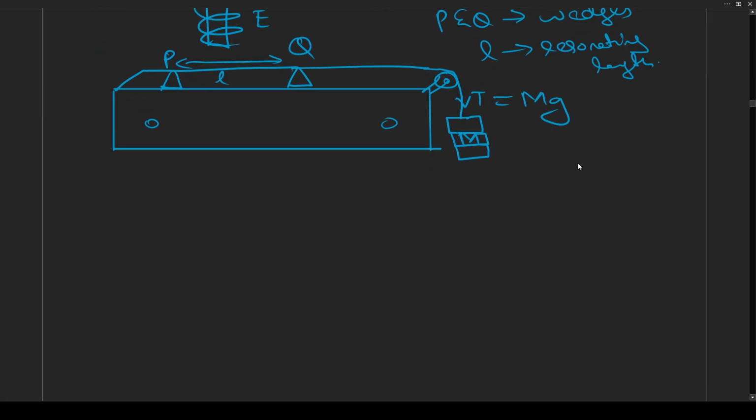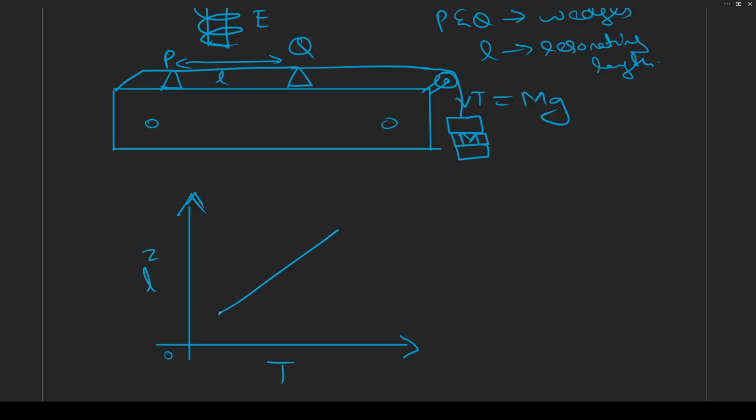And there is a graph for this. This is also a straight line normally. This is a graph between the square of the resonating length and tension T. Here as well we find the slope.